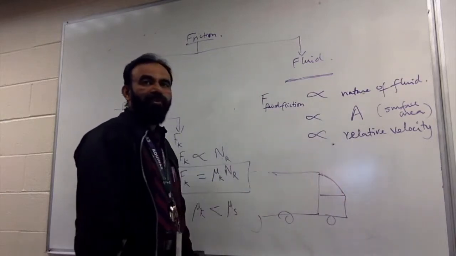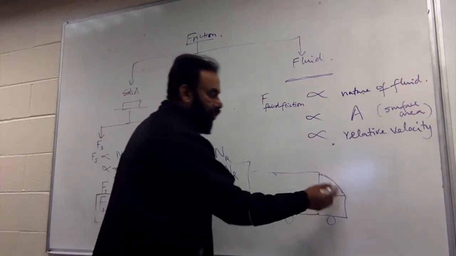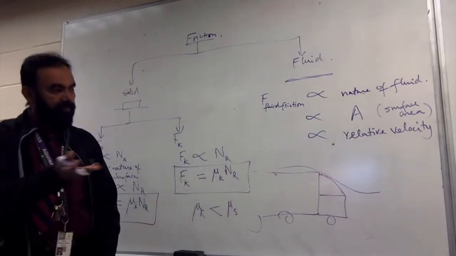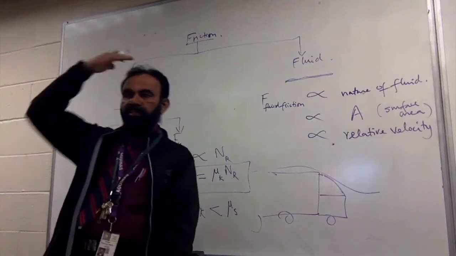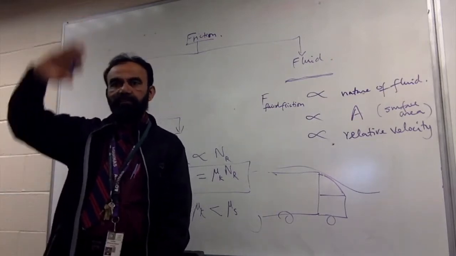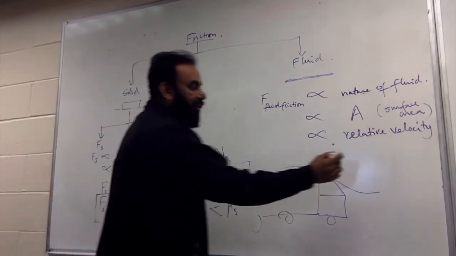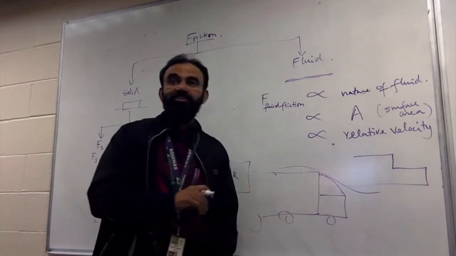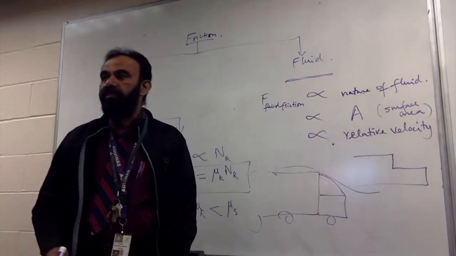That's more resistance. This way it streamlines the air better. That's why your windshield is tilted, not flat, as it used to be in the past.